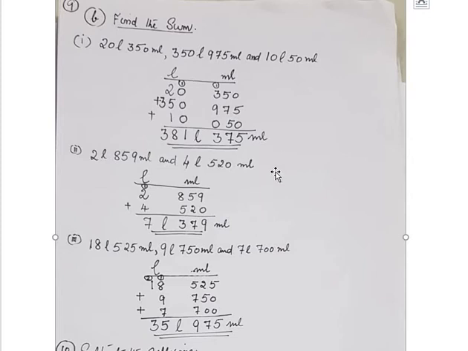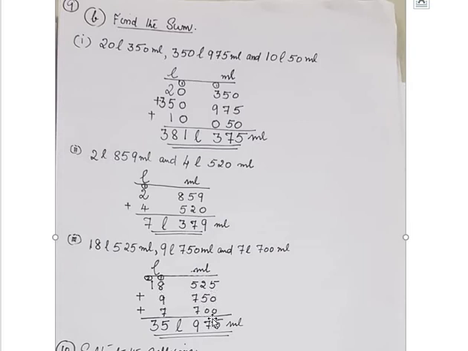So in this place you can write the answer. Third question, 18 liter 525 milliliter, 9 liter 750 milliliter and 7 liter 700 milliliter. So I arranged all the 3 numbers in proper order, liter and milliliter.